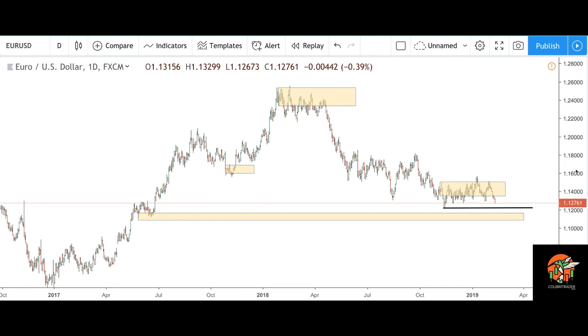quite crucial to actually be able to know where your next major level is and to know how to read price action. These are the two crucial elements of price targets. Again, try to keep it simple, guys.